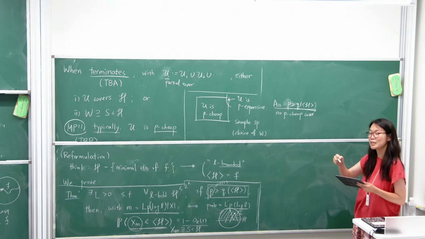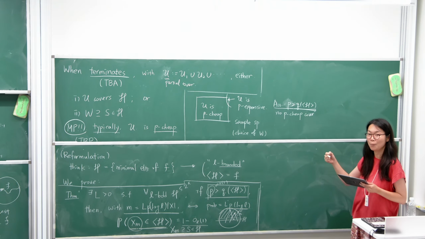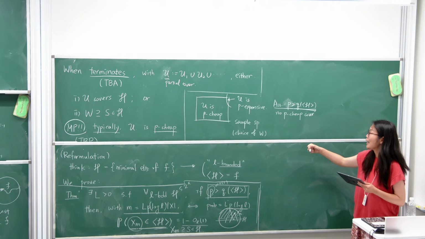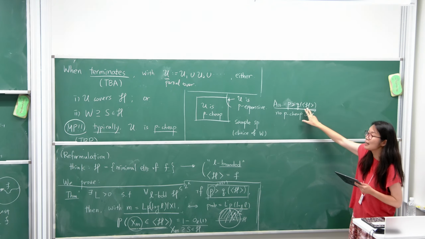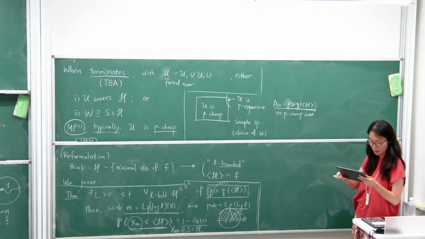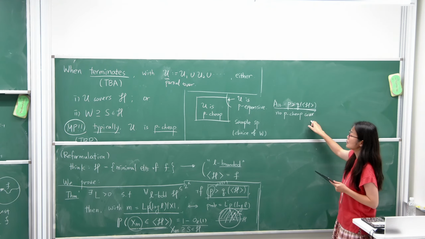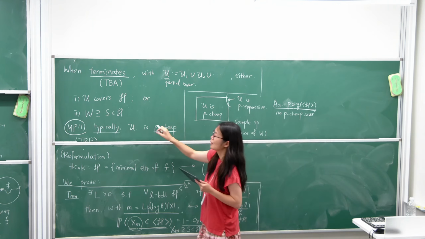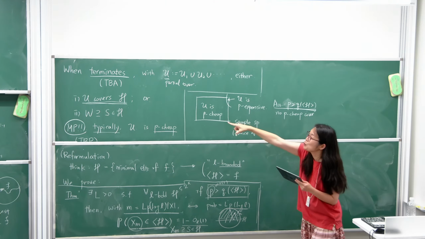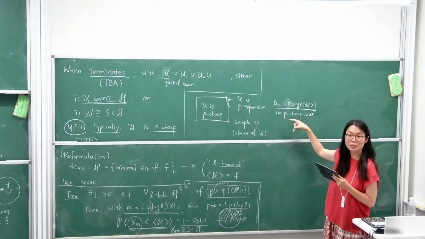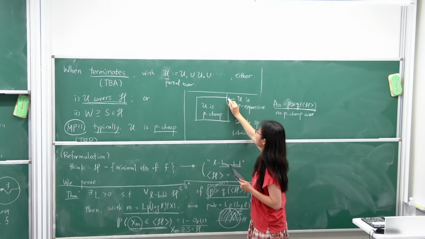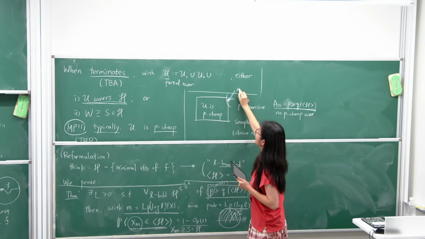Again, how do we get the expectation threshold? This is the maximum P for which there is a P-cheap cover. Because P is larger than that maximum, there is no P-cheap cover. So if one happens, then U must be expensive, because there's no P-cheap cover. So that means one is here.